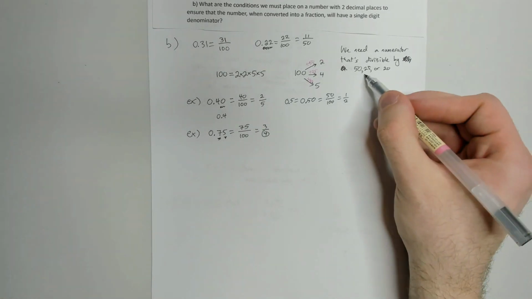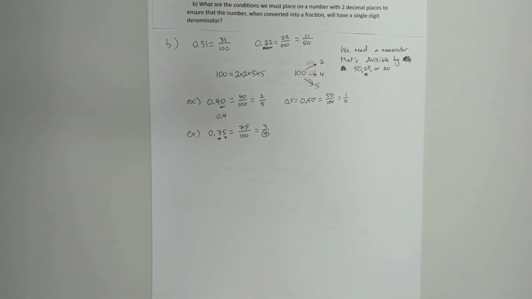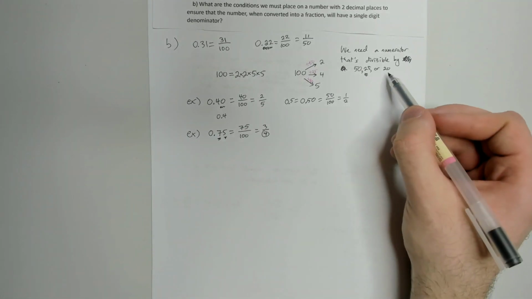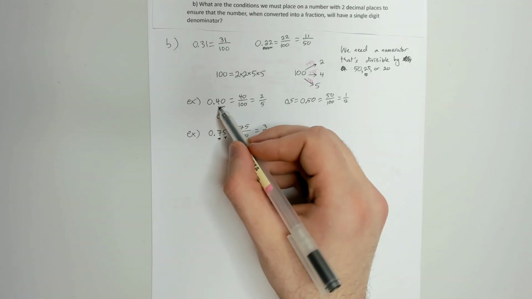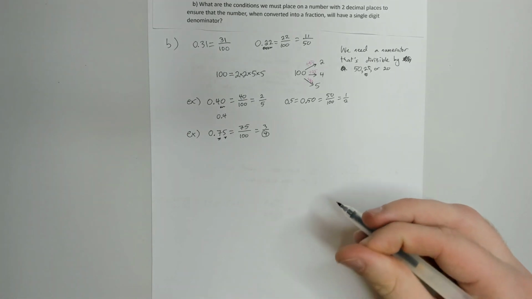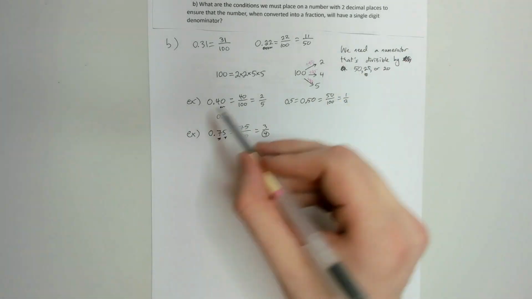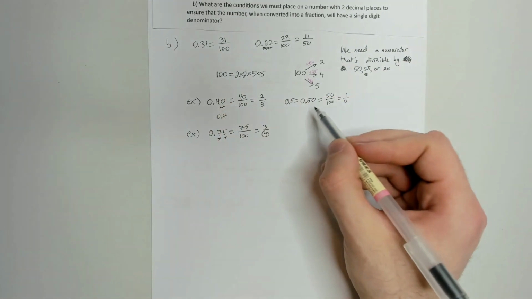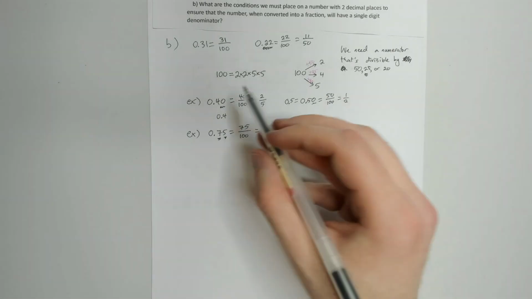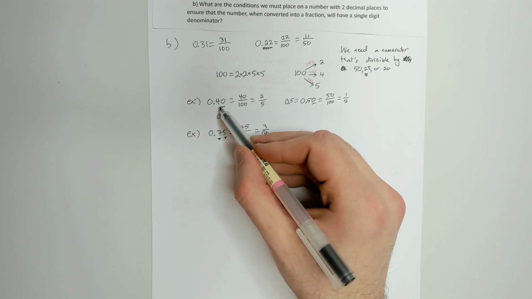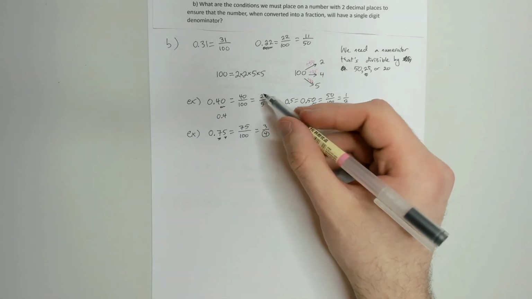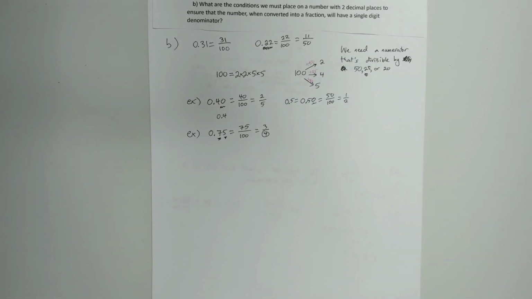So the 25 is like the best one in the sense that it's actually a necessary 2 decimal place number, whereas any decimal that is divisible by 20 or 50 ends in a 0 anyways, so it's not really a 2 decimal place number, in the sense that the second decimal place is always a 0. But in any case, any of these 2 decimals that are divisible by 20, 50, or 25 will give us a simplified fraction with a numerator that is 1 digit.